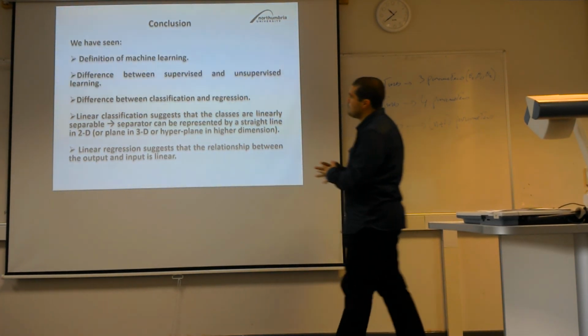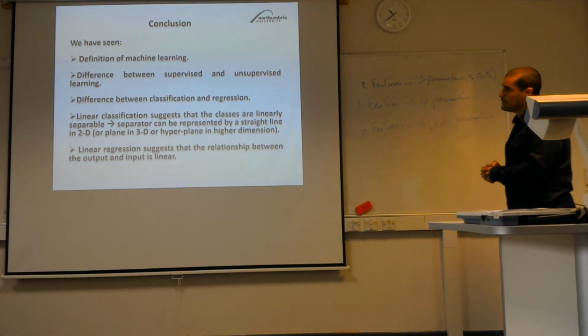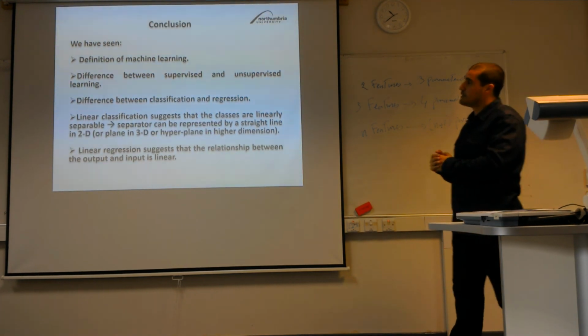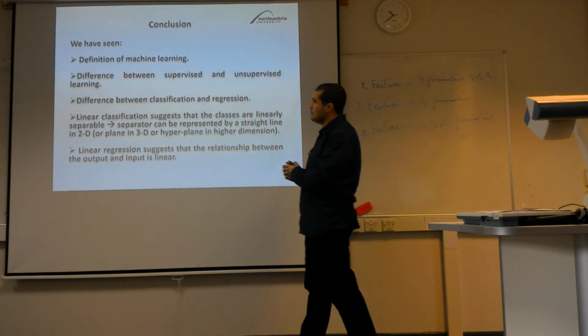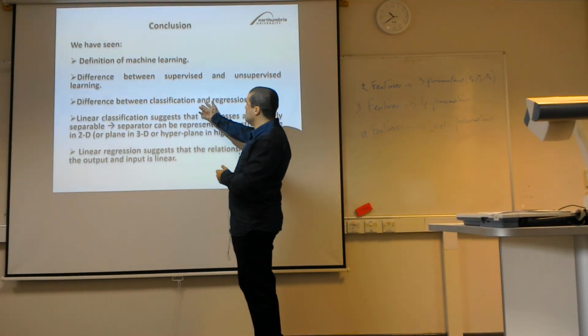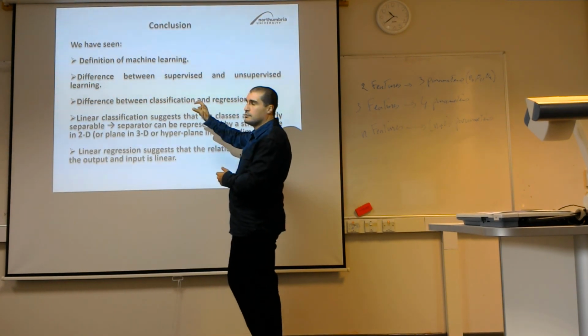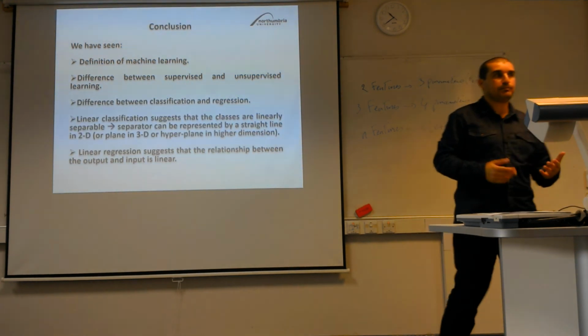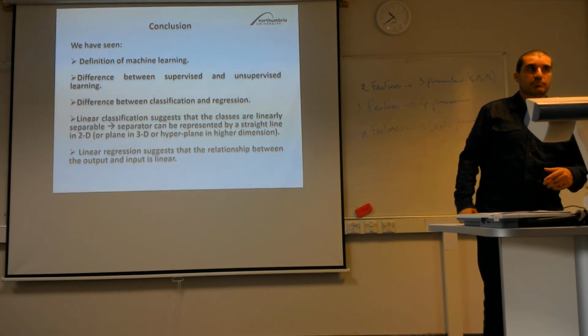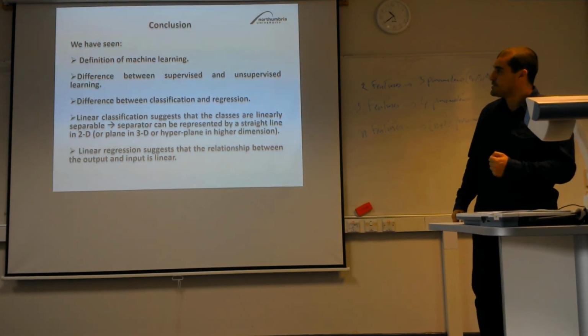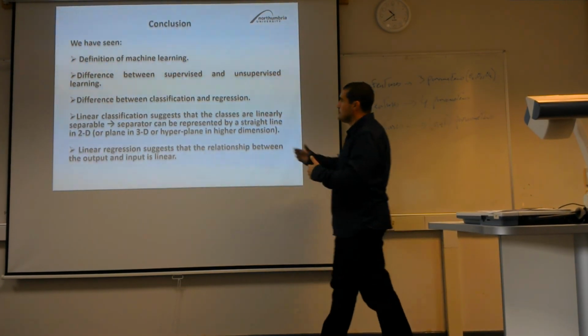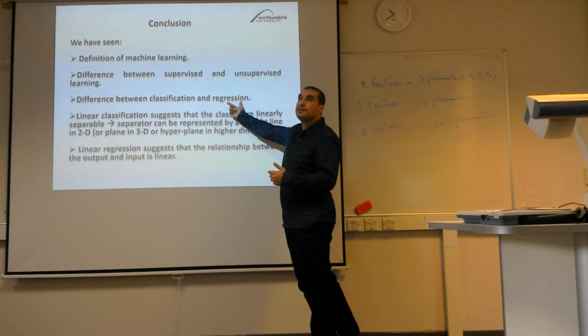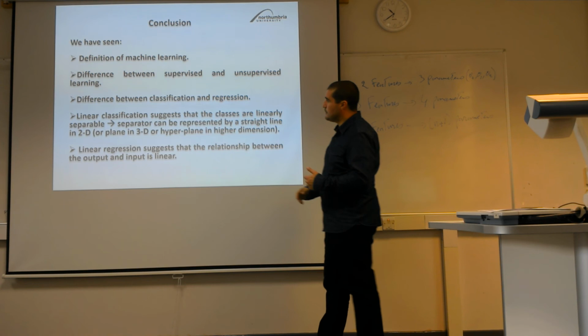We've seen the difference between supervised and unsupervised learning, and the difference between classification and regression. Basically, the main difference is about the output data, whether we are trying to predict class labels, categorical data, which is the case of classification, or numerical data in regression.